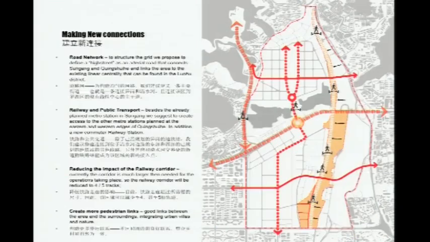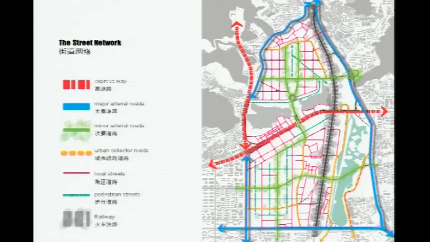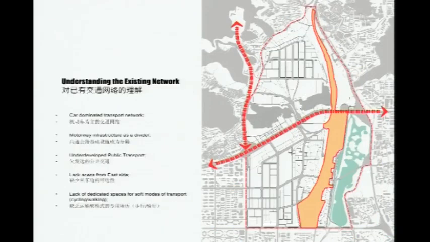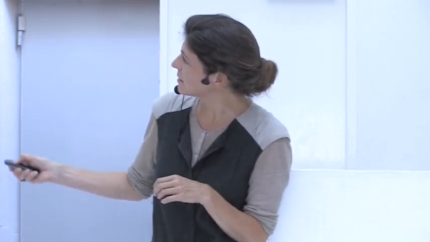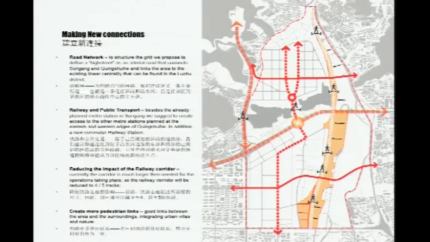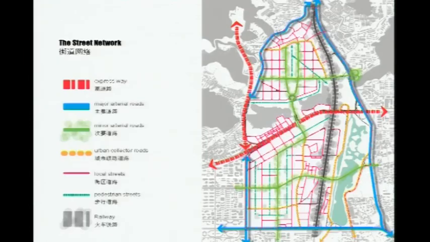And this is now how we understood the mobility network. So this is the existing network and the rail track. Then we added new inner connections within the area. And then you see the framework of different levels of connectivity lines.